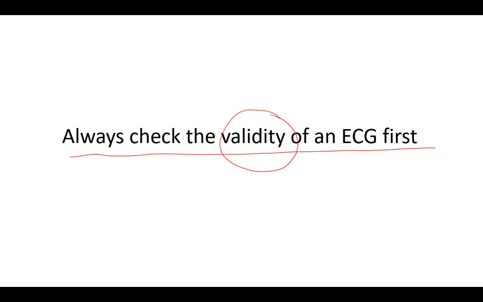So if P wave is not inverted in AVR, there are two possibilities: the heart is not beating in sinus rhythm, number one, and second possibility is the lead attachments were not correct, okay. So with this, we are ending this session on basics of ECG.